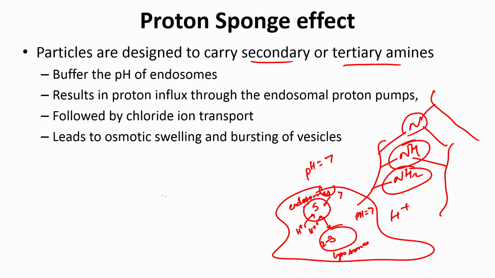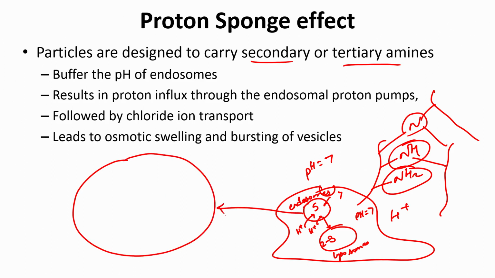If I zoom into one of these endosomes, I have lots and lots of primary and tertiary amines that are taking up this H plus ion and essentially not letting the pH drop. So, the pH is still, let us say, 6 at this place.